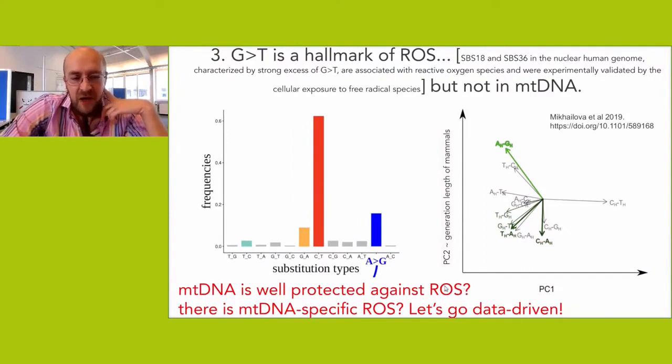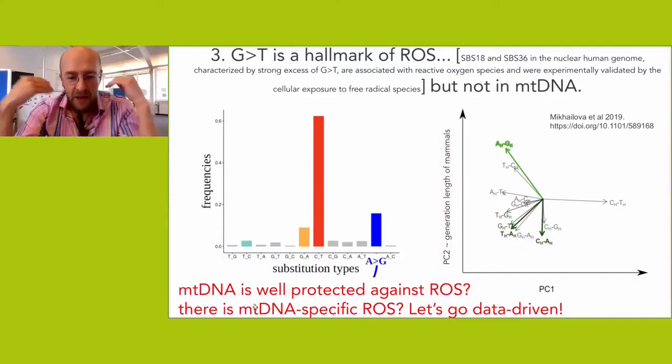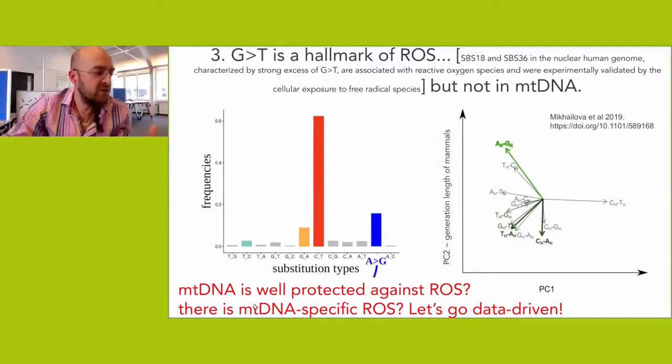Or maybe in mitochondria there are some specific types of reactive oxygen species, because reactive oxygen species is a complex family of short-lived chemical mutagens, and it's not so simple to investigate. So we don't know.